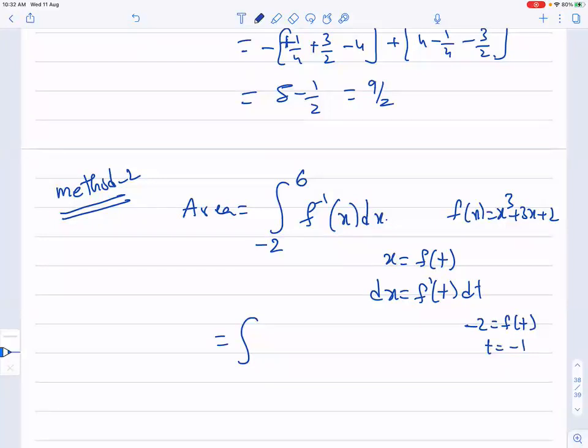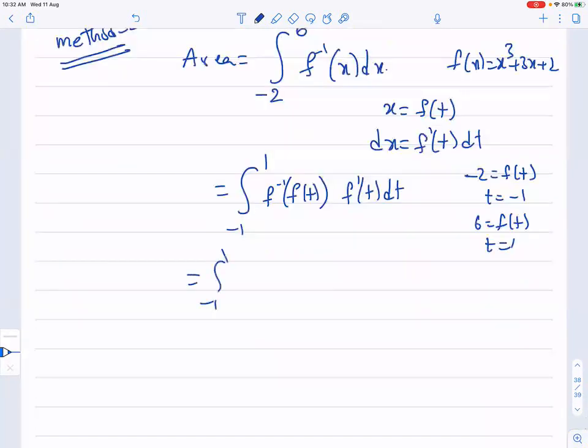When x is 6, the value of t is 1. So the limits are -1 to 1. f inverse of f of t into dx is f dash t dt. So the limits will be -1 to 1. f inverse of f of t is t, and f dash t is 3t square plus 3, dt.